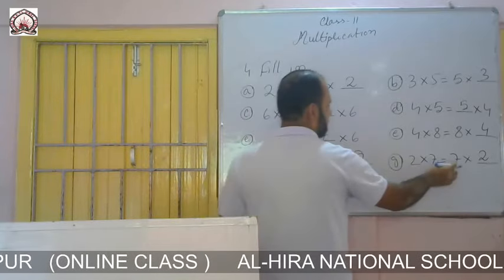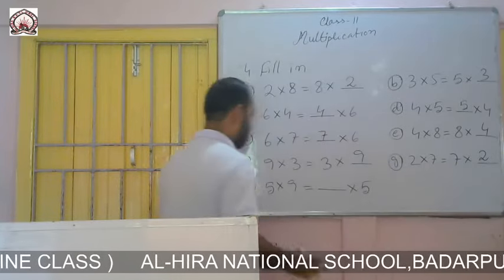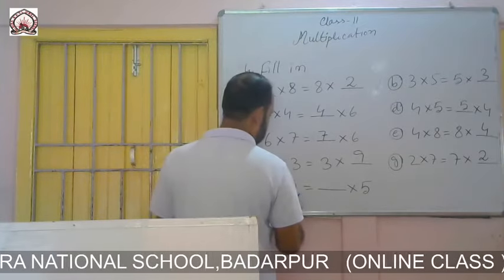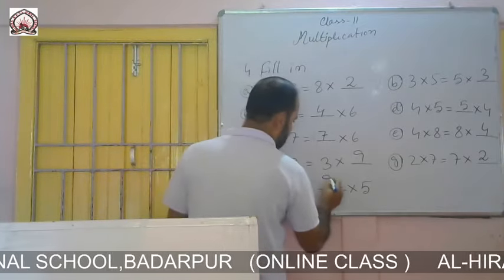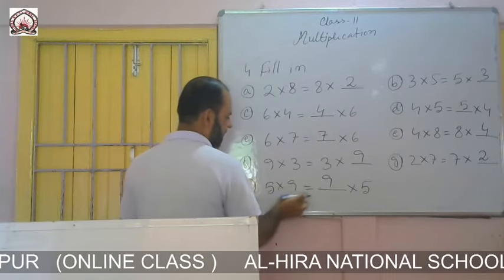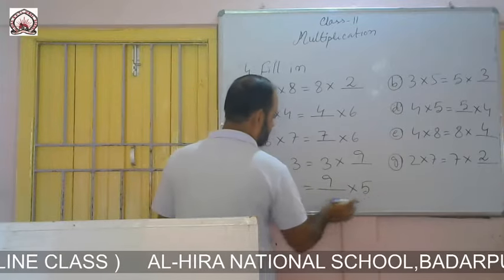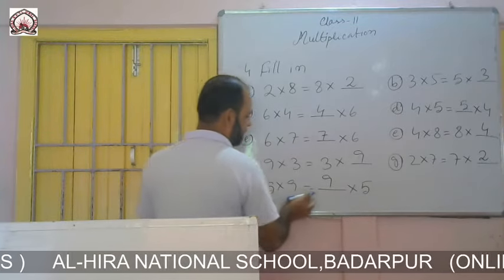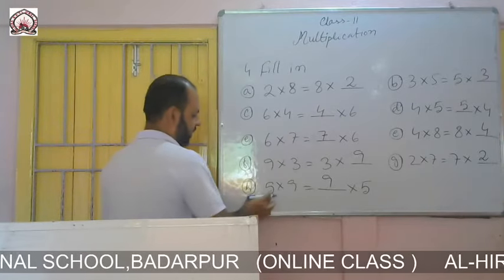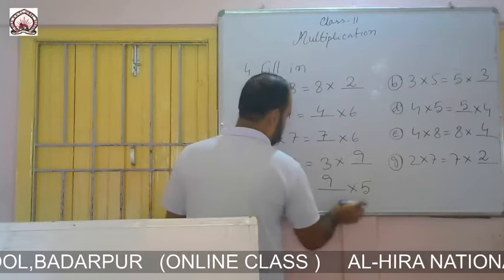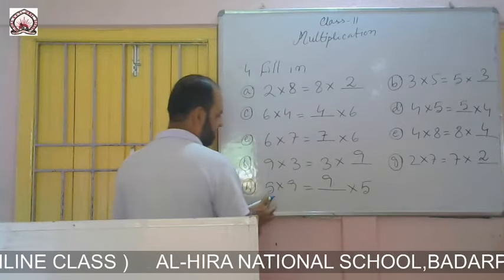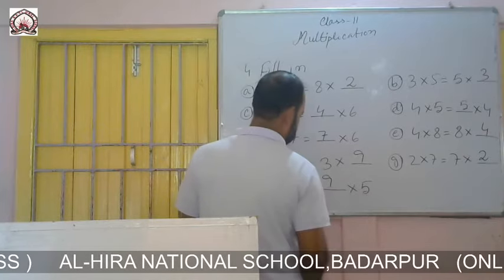So both are same. Here 5 nines are 45 and 9 fives are also 45. Both are same, the difference is only 5 nines times and 9 fives times.